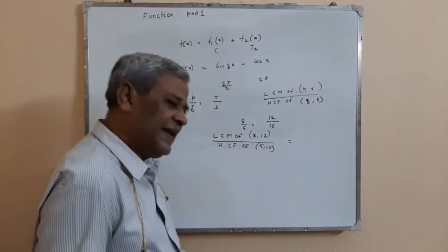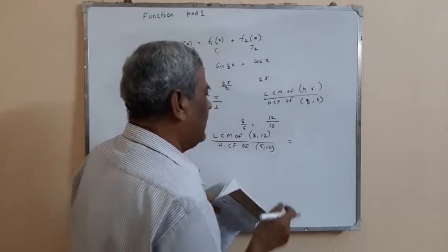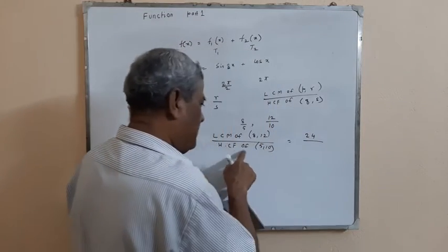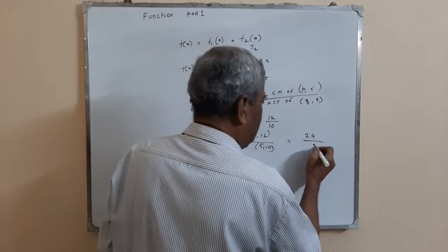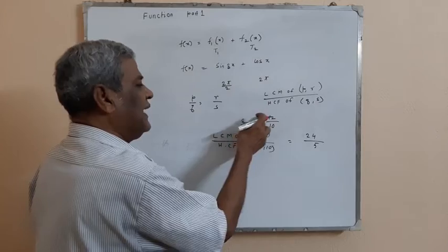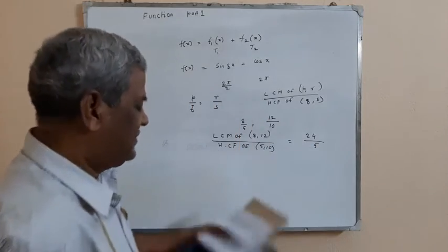The LCM of 8 and 12, you can calculate easily, is 24. And the HCF of 5 and 10 is 5. So the LCM of this and that is 24 by 5.